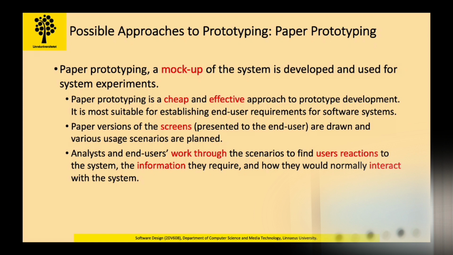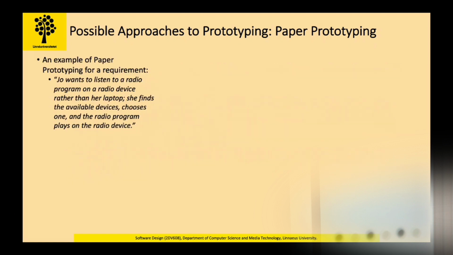End users draw the screen they want, and the engineers or the requirements analyst try to get some information and note down what the user is doing, what input or output, or how the user is interacting with the system. So it's a kind of simulation with pen and paper.